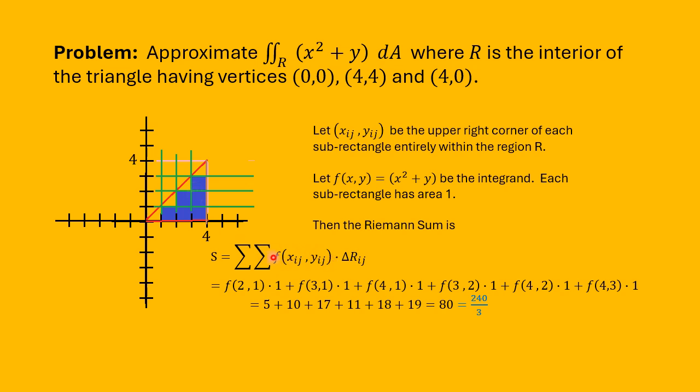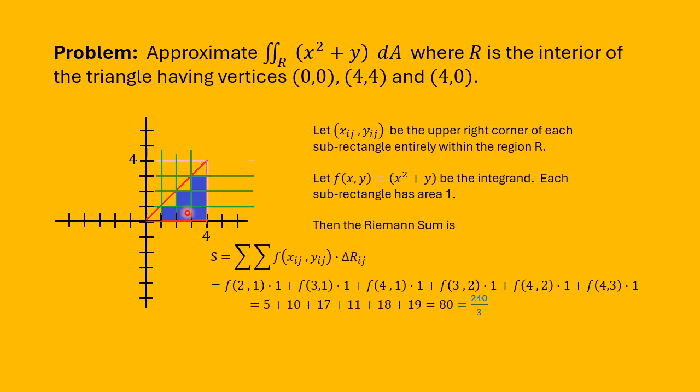So evaluate our integrand at that point, and then multiply that by the area of that particular sub-element, the area being delta r sub ij. In this case, all of the subrectangles have the same area, so when i and j vary, this factor is actually going to be the same each time, the area of one of those 1 by 1 squares, which is 1.